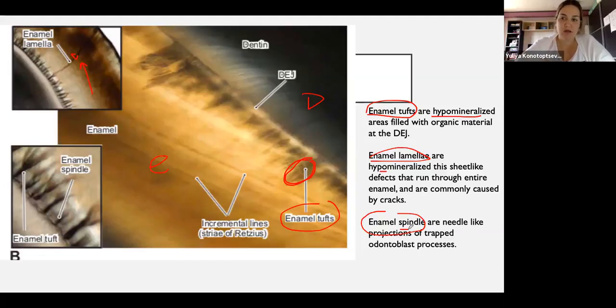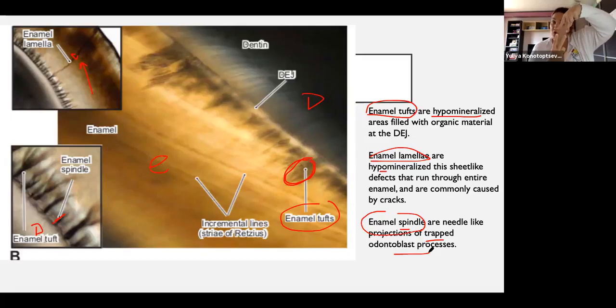Spindle, however, is not a defect. This is a normal thing. You can see it here. It's also closer to the dentine. It's like a black line, but this is not a hypomineralized black line. Enamel spindle is a trapped odontoblastic process. You remember that ameloblast and odontoblast started together, right?